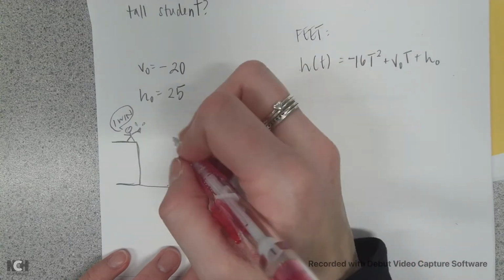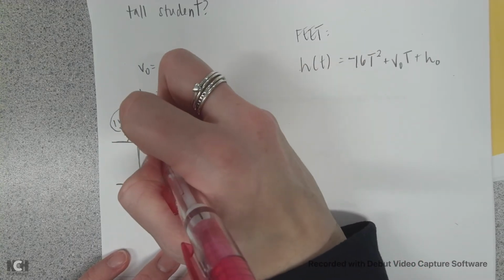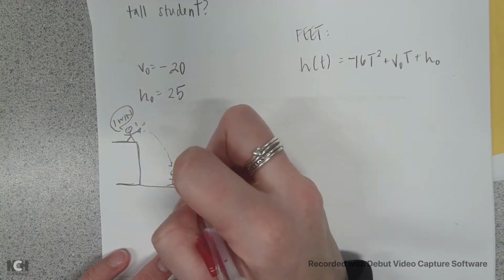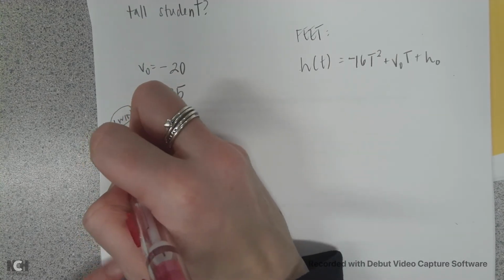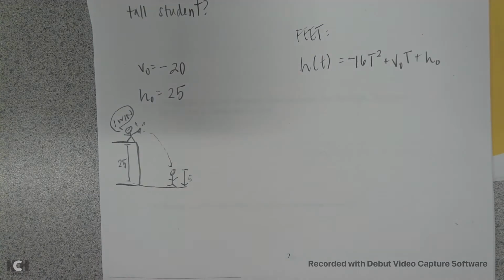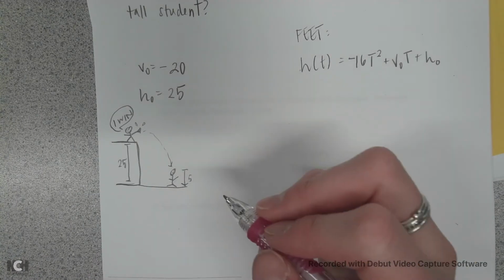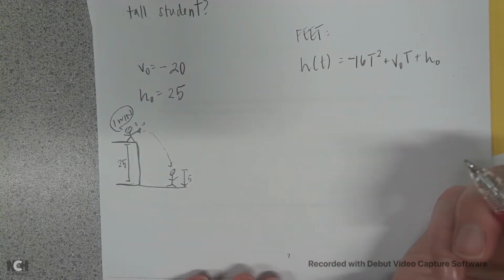Then he's going to throw the ball at the kid. So the kid is 5 feet tall, and the school building is 25 feet tall. So we have to take into account this 5 feet tall in the very end.